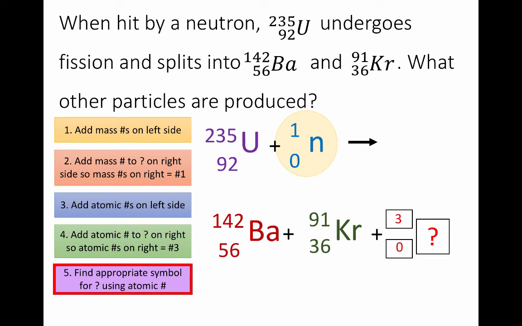So if we had 3 of those, that would balance our equation because we'd have a total of 3 mass numbers and a total of 0 atomic numbers. So that's what happens in this reaction. If uranium-235 is hit by a neutron, it splits into barium-142 and krypton-91, and it makes 3 additional neutrons. And that's actually something that can happen in a nuclear reactor to form a chain reaction.